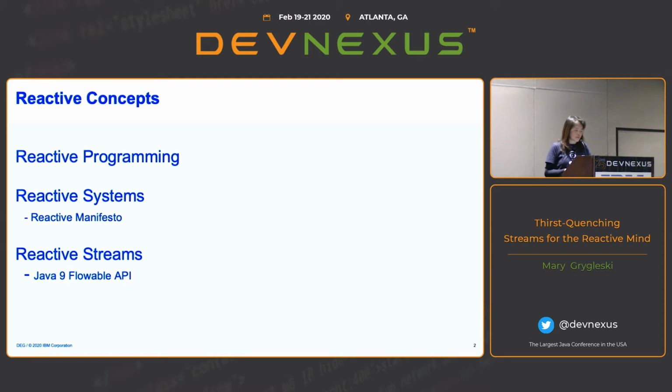I also want to talk about the Reactive Manifesto in this slide. For reactive systems, there is a spec out there called the Reactive Manifesto that talks about four tenets. Essentially, systems need to be responsive, which means a request comes in and you need to respond in a timely manner. They also have to be resilient, so if something goes down, it needs to bounce back and recover very quickly.